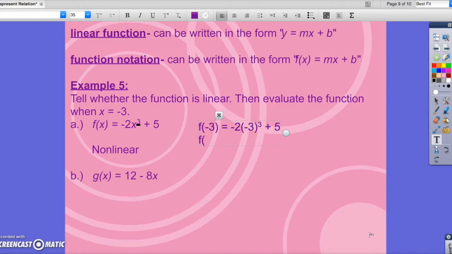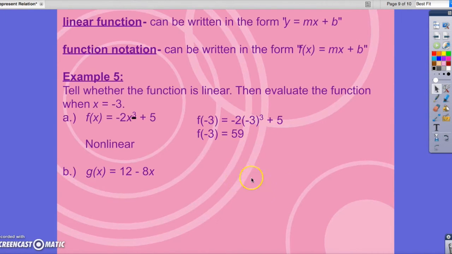So I still have f of -3. That's how you say that. It's a notation that you'll see a lot more in math as time goes on. But take a minute and pause the video and evaluate it yourself. What you should get, and make sure you do this yourself first, because we do the exponent first, you should get 59. We do -3 cubed first, which is -27, and then continue on.